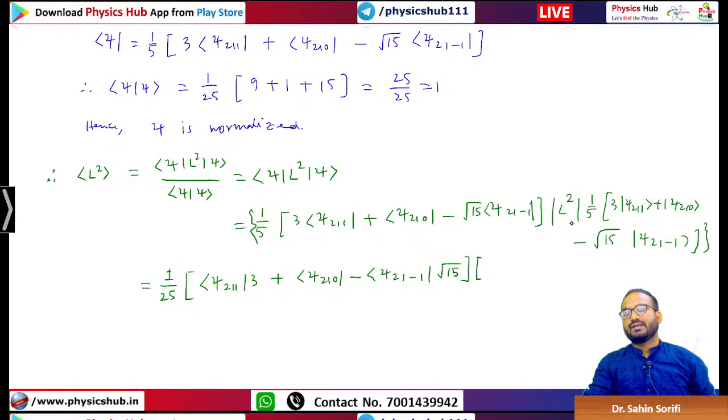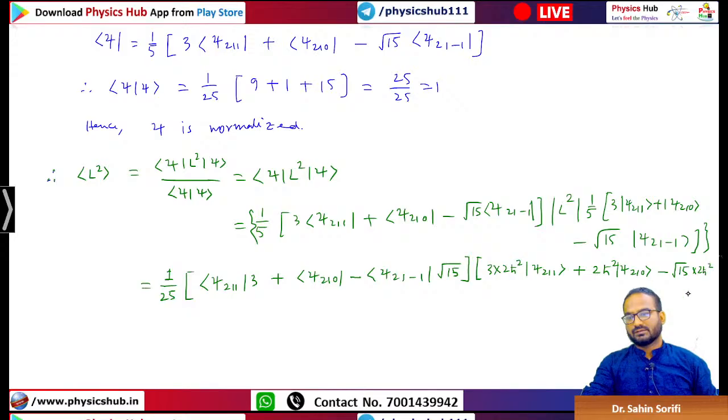L square means l into l plus 1 h cut square. So here it is l equals 1. So 1 into 1 plus 1, 2 h cut square. So 3 into 2 h cut square psi 2 1 1. Next, here also again l is 1. So 1 into 1 plus 1, 2 h cut square psi 2 1 0. Let me know at any point if you are not able to understand. Here also 2. So minus square root of 15 was there into 2 h cut square psi 2 1 minus 1.